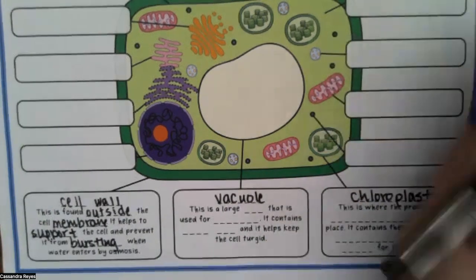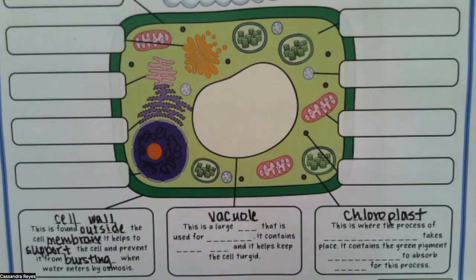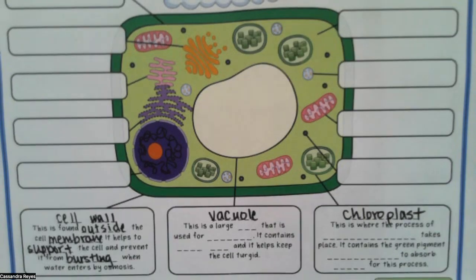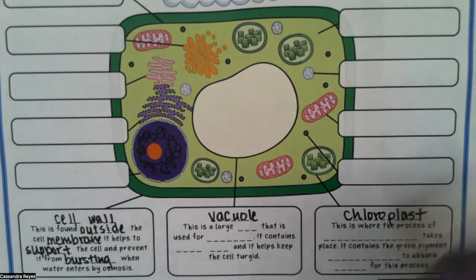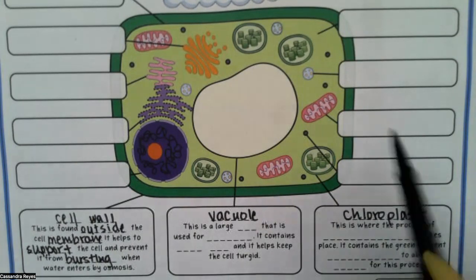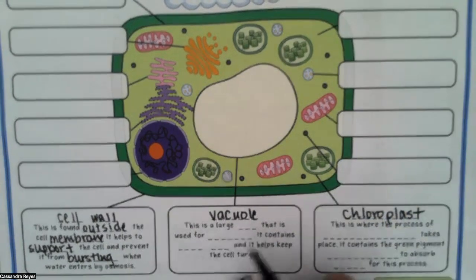And why would we have water entering our cell? Think about it. What do plants require in order to grow? Yeah, water. Yes, of course. So we're going to have a lot of water flowing through these cells. So clearly we have to have a pretty good management system because we don't want to explode from too much water, right? And that's something that is entirely a risk within a plant cell, hence the need for a cell wall.